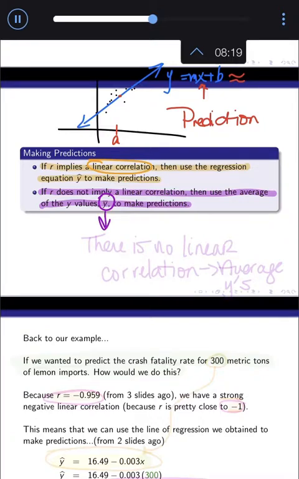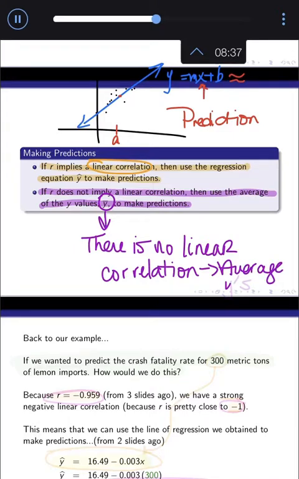So if there is no linear correlation, what we'll do is just average the y's. It's just what we used to do way back when. You'll just add up all the y's and divide by however many y's you have.